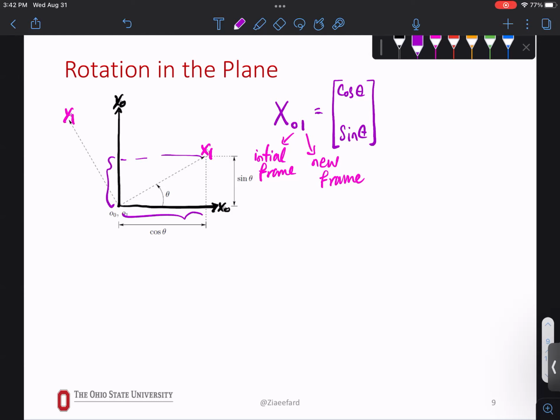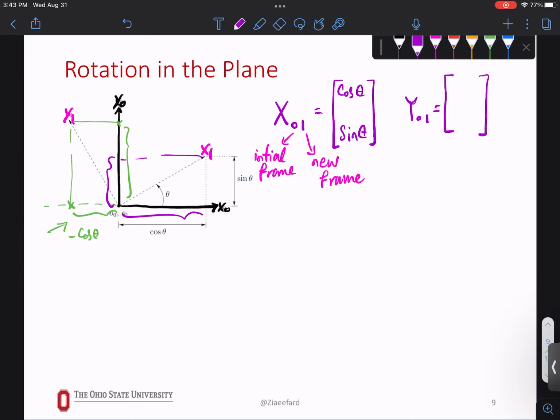So your y is y0,1, right? Now what is this, and what is that? Start from here. What is this? Negative cosine, right?